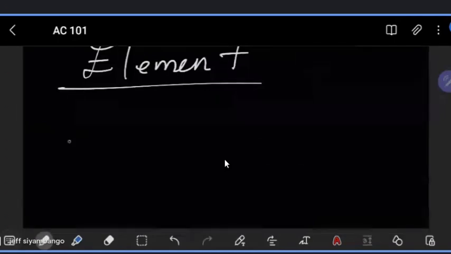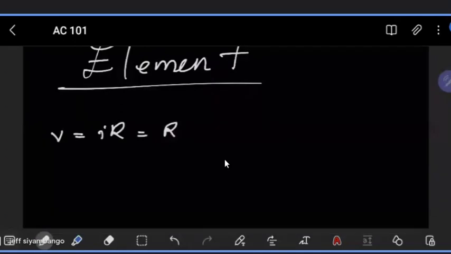But ideally, all we're saying is Ohm's law: the time-varying voltage is equal to current times resistance. If the current is a sinusoidal waveform, it is given in the form I max cos omega t, maybe plus some phase angle phi.